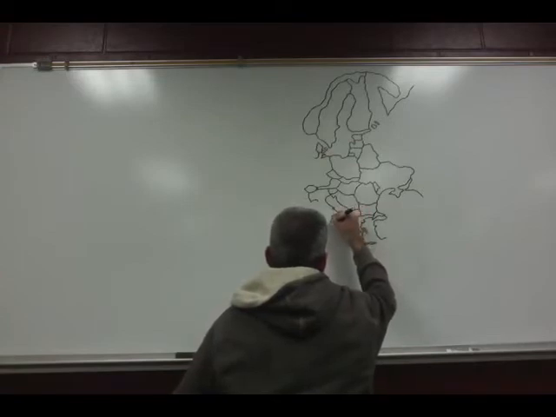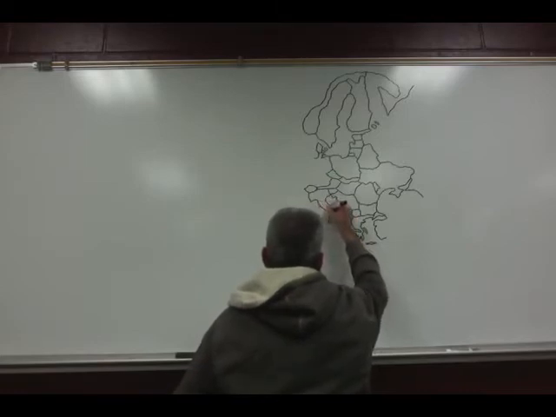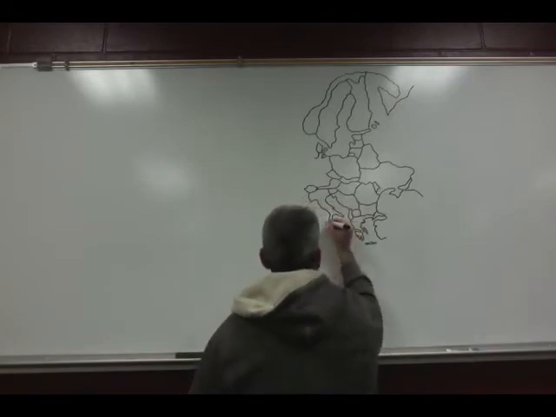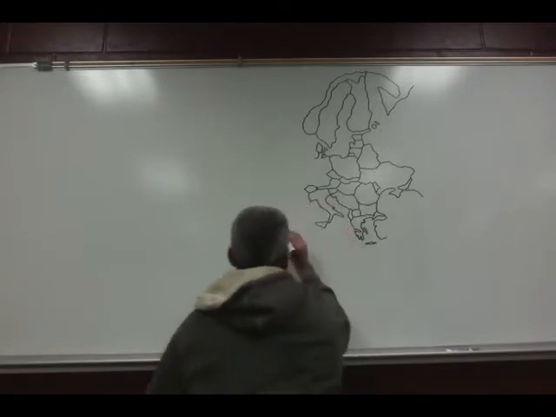Finish the boot here. And the Italian coast curves out this way till it comes down to the boot. I can also now put in Sicily. I'll save Sardinia and Corsica for later.